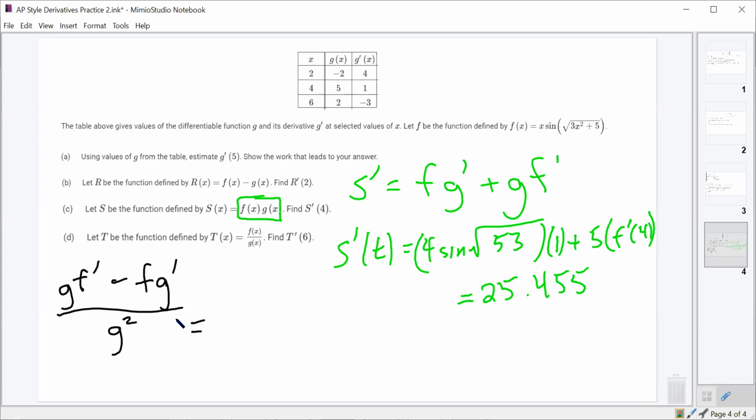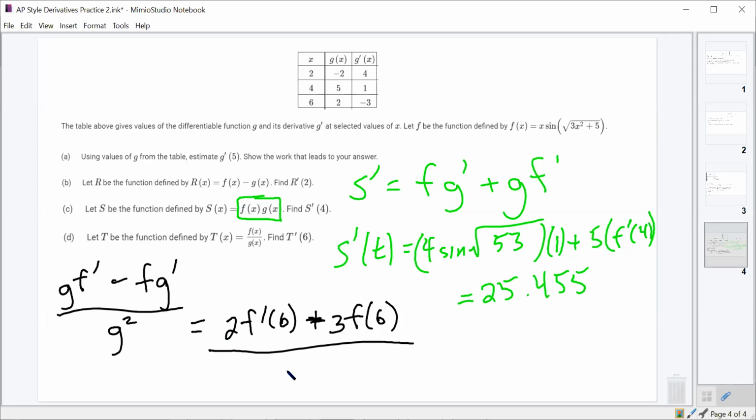So g of 6 is 2, so that should be 2 f prime of 6 minus g prime of 6, which is negative 3, so that'll be a plus 3 times f of 6, all over g of 6 squared, and g of 6 is 2, so 2 squared. Everybody good with that?